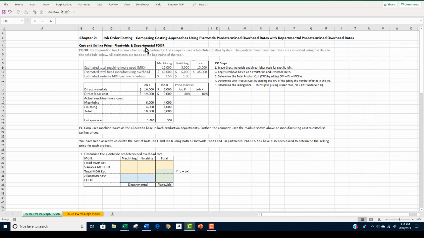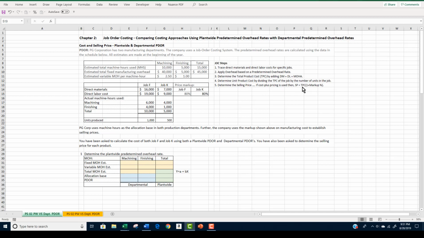The drill is designed to show you how to determine the plant-wide predetermined overhead rate and the departmental predetermined overhead rates, how to use both approaches to apply manufacturing overhead to product cost, how to determine the total cost of a job, how to determine product unit cost, and how to set a selling price using a markup on cost approach.